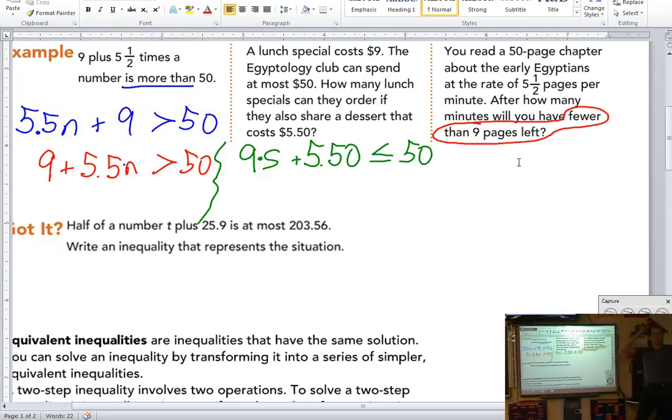So let me give you guys like 30 seconds-ish. Analyze this for a second on your own. I'll shut up. Try to write this out.